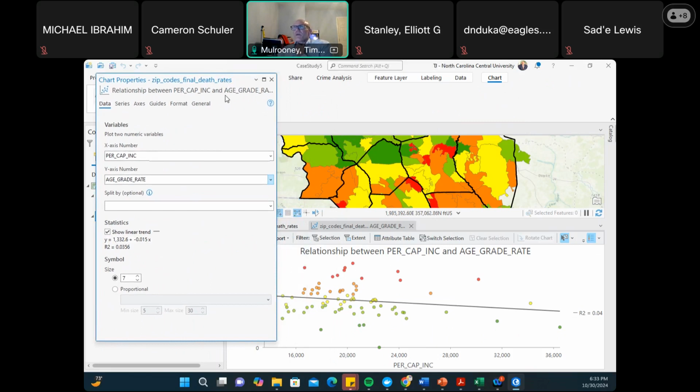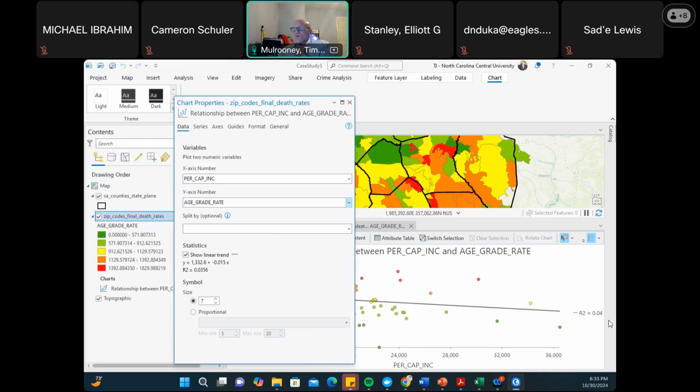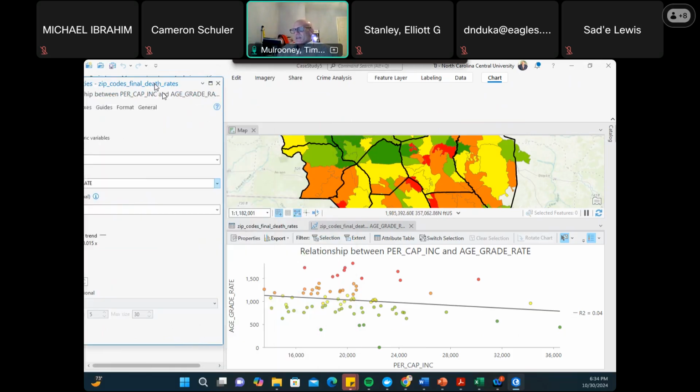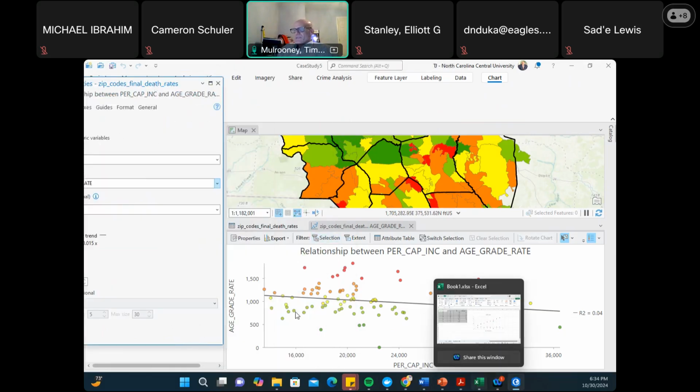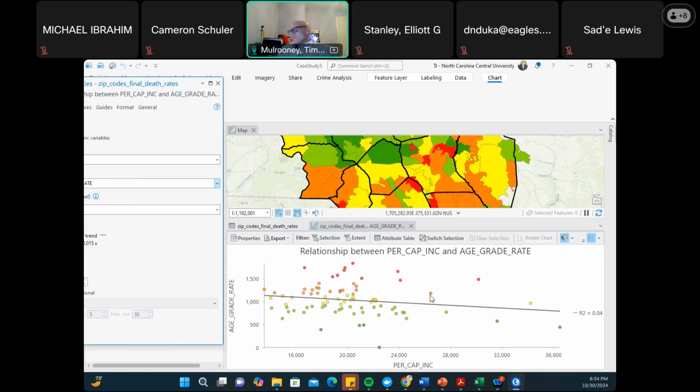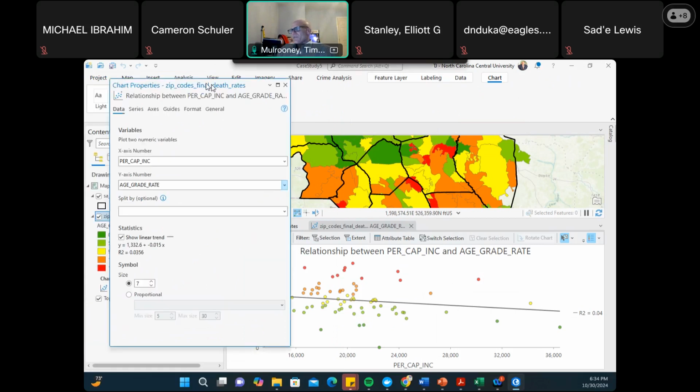Now I get an R squared equal to 0.0356, really, really small. Now we're gonna have to run these through Excel to see if they're actually statistically significant. But this is the trend. Now this is negative. So basically it means that as income increases, the heart disease death rate decreases. Probably makes sense, right?